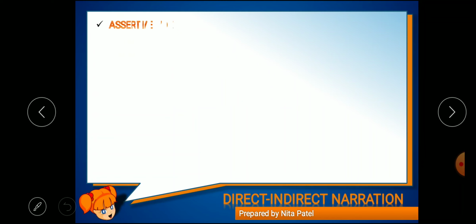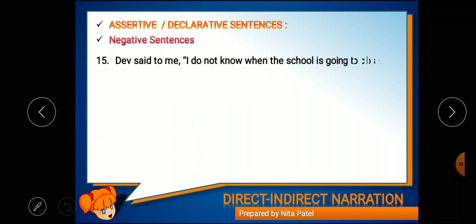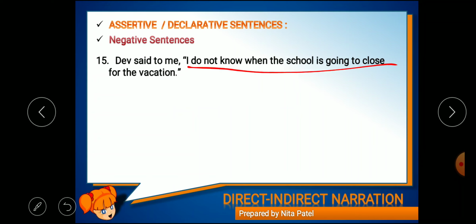Okay. Now what about the negative sentence? So the same thing, nothing new. We'll just use the negative sentence of that particular tense. For example, Dave said to me, "I do not know when the school is going to close for the vacation." Now negative is there, right? But look at this. Which tense is used here? Simple present. So we'll put it into simple past. So Dave told me that he do will convert into did.